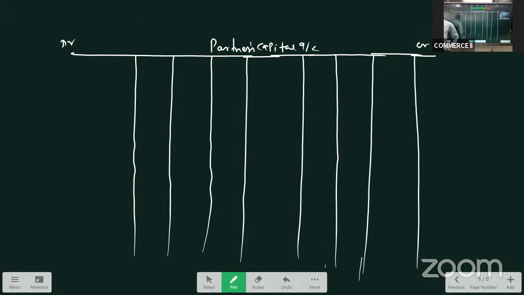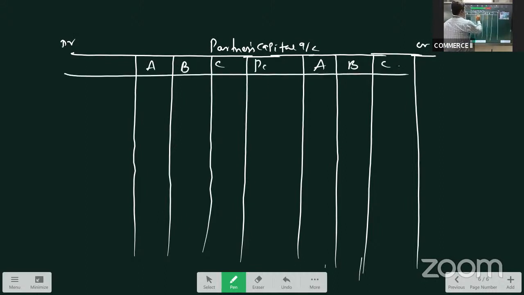So who are the partners? Partners are A, B, and C. Particulars.